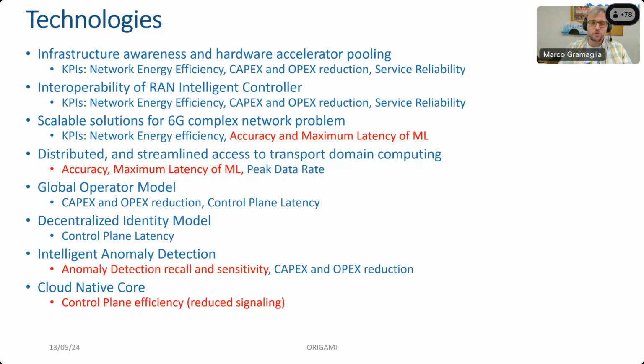Decentralized identity model, so authenticate once and use the network everywhere. Here again, control plane latency. Intelligent anomaly detection, CAPEX and OPEX reduction, of course, because we can improve the network to avoid these anomalies, but also metrics related to the ML, and then the cloud native core that we are going to decide.